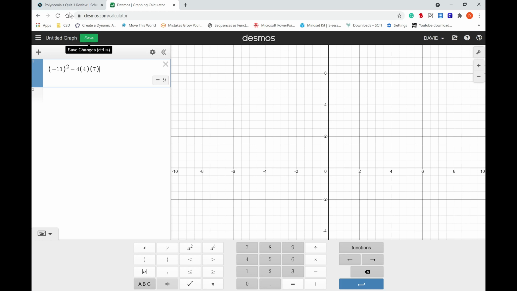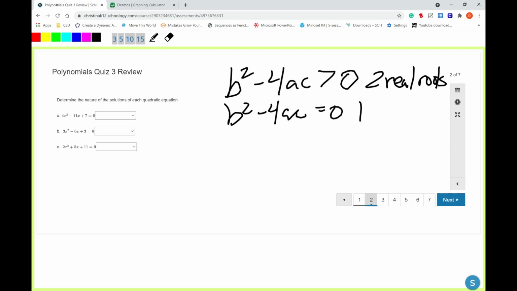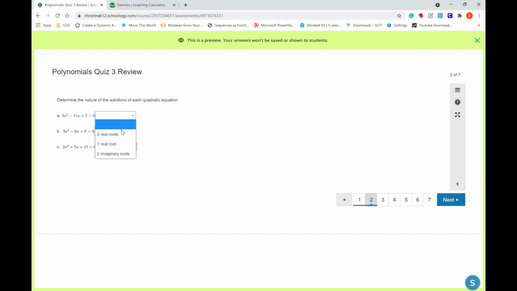Recall when b squared minus 4ac is greater than 0, we have 2 real roots. When it equals 0, we have 1 real root. And when it is less than 0, we have 2 imaginary roots. So 9 is greater than 0, so the first one is going to be 2 real roots.